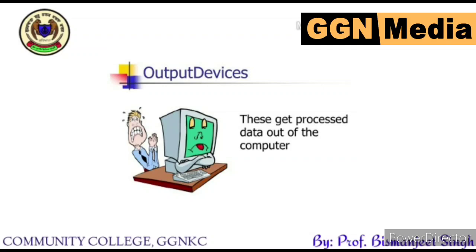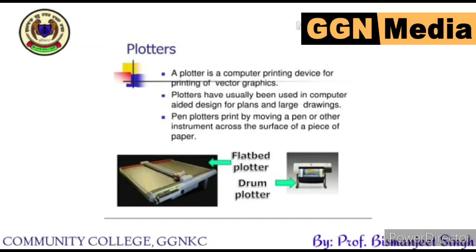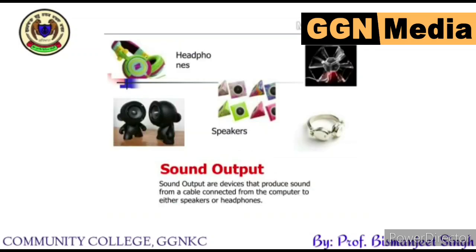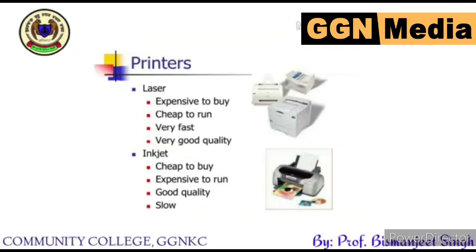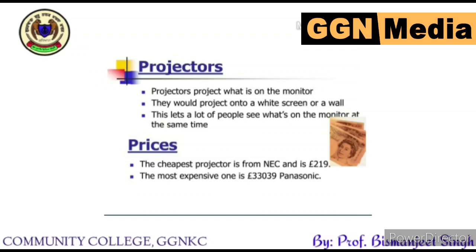Output devices. For example, the plotter. We can print out flex and banners using the plotter. The speakers, sound output, printers, projectors to display the computer system.